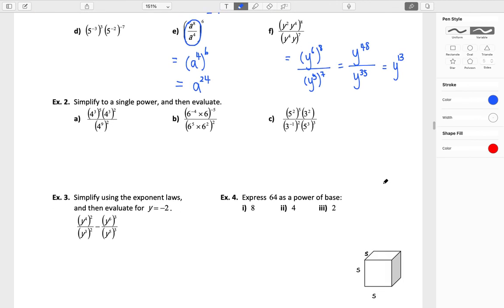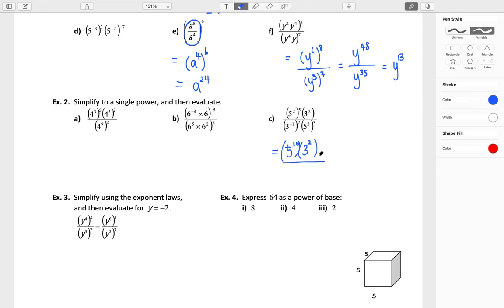Okay. Now let's try the next one, number 2C. So it looks like we have a power. So I'm going to simplify the numerator first. Because they're right beside each other, I'm going to multiply. So 5 to the 10, and there's nothing power of power for 3, so 3 to the 2.